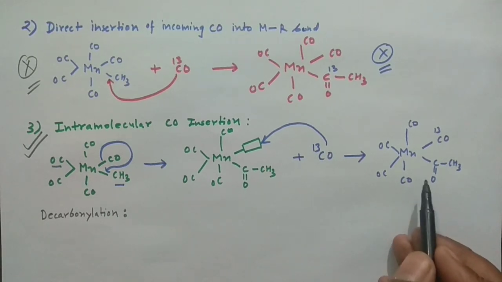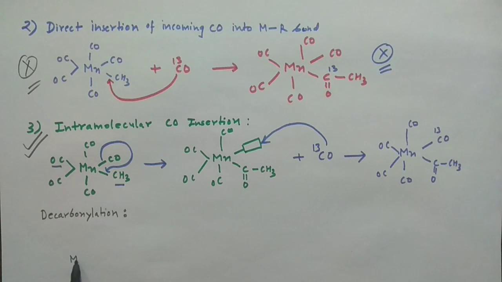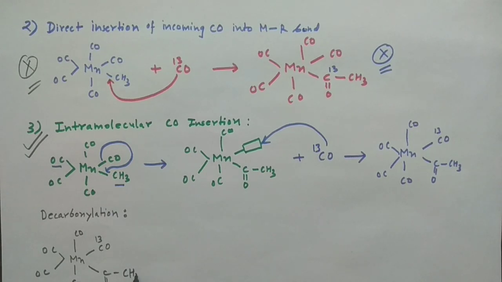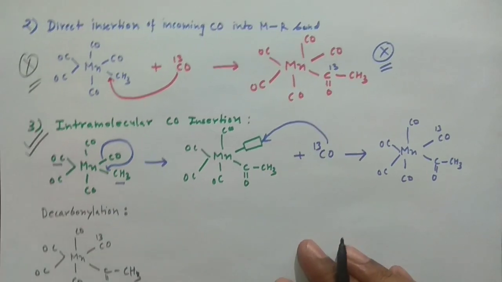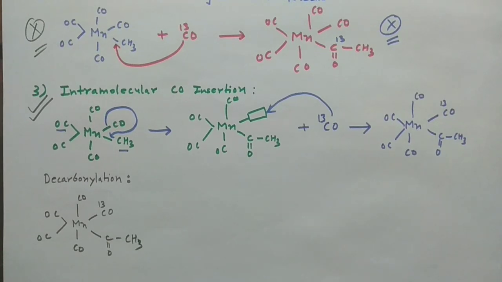So I'm going to discuss this one. For this I'll take this particular example, like Mn, CO13 labeled with carbon 13, and these are the carbonyl groups, and this is your COCH3. This is not in the frame, don't worry, I am dragging the paper into the frame.